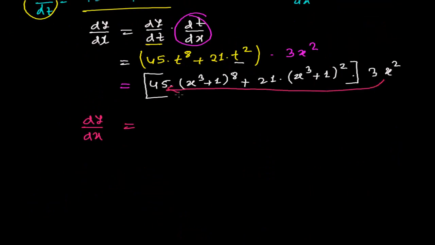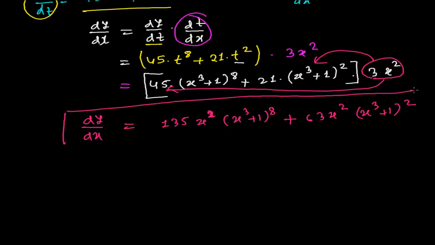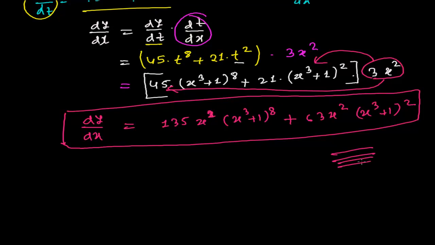First this will multiply this part, so 45 times 3 will be 135 x square, and then x cubed plus 1 to the power 8, and then plus, again this 3x square will multiply this part, so you'll get 21 times 3, that is 63 x square, and x cubed plus 1 whole square. So this is the derivative that the question is asking us for.